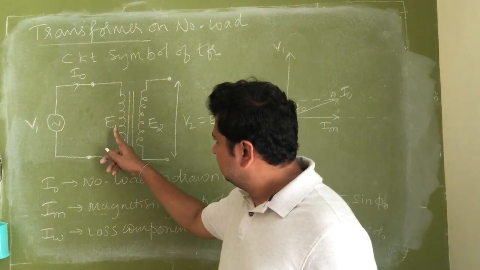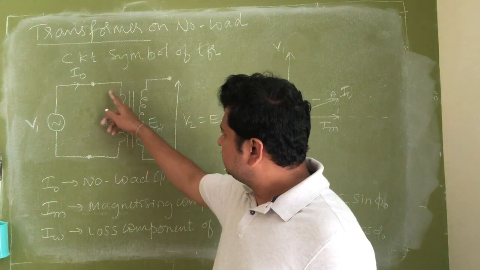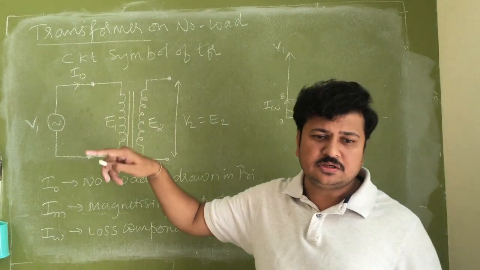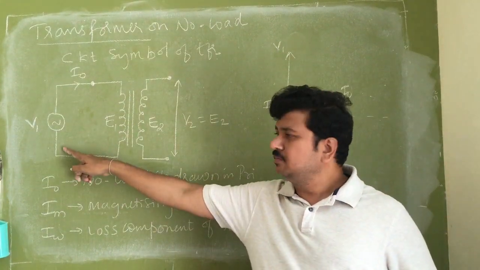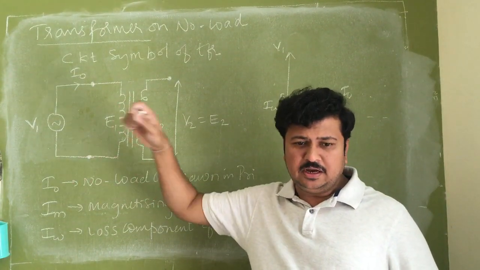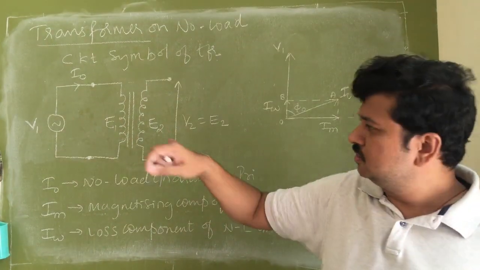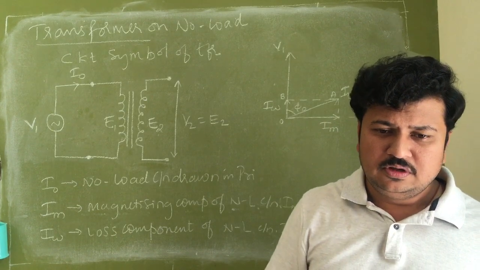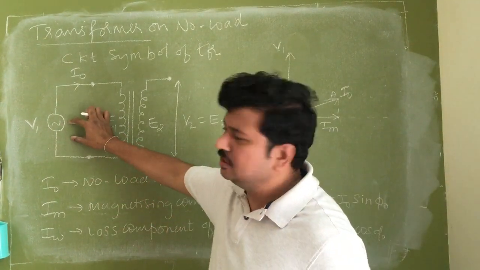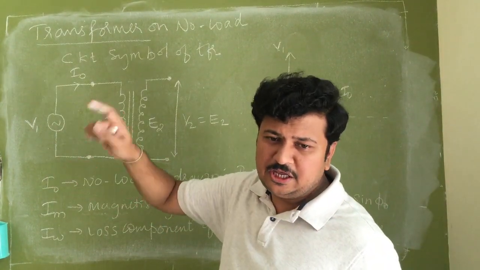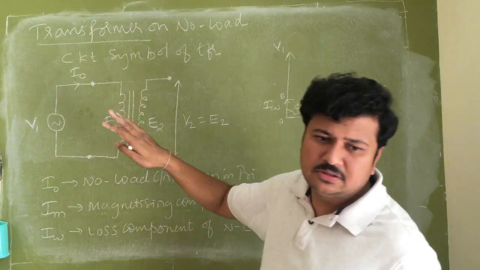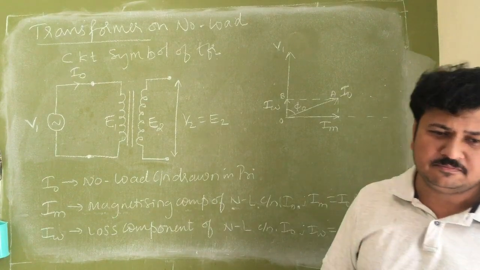Now suppose the primary winding resistance, or the primary winding I square R loss, is not met by the supply. Now I will connect the voltage or source of such a value that the power delivered by the source is less than the I square R losses that will be there in this transformer winding.